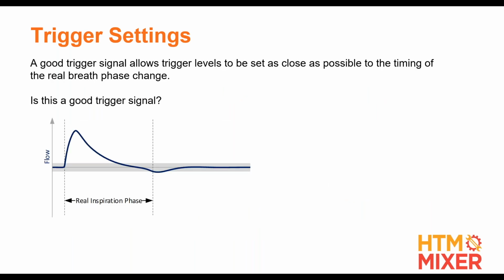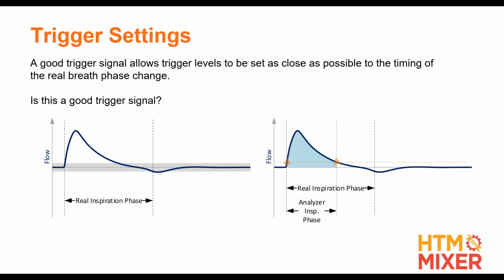Let's take a look at some example waveforms. In this one, is this a good trigger signal? What do you think? No, why not? Good, very good. So we see here that we have a pretty good rising edge to tell us I'm entering inspiration, but on our trailing edge here at the end of inspiration, it drops below a value and then just kind of trails off, and we don't have a very clean end of inspiration signal.